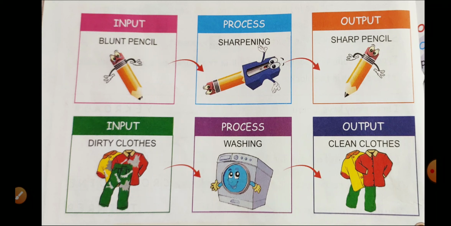Then process is sharpening the pencil, and then after the process the final result was the sharp pencil. Same way, input was the dirty clothes, process washing the clothes, output was clean clothes. Same way a computer works. We give the input to computer, the CPU process it, and the monitor give us the output. Monitor give us the final result.